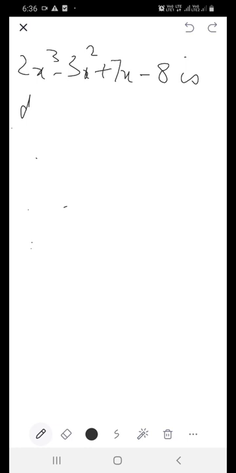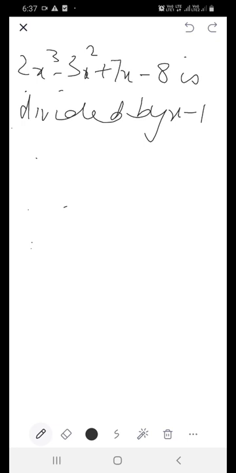Suppose my question is: using remainder theorem, find the remainder when 2x cube minus 3x square plus 7x minus 8 is divided by x minus 1. So now you are not going to use the division method, but the remainder theorem.